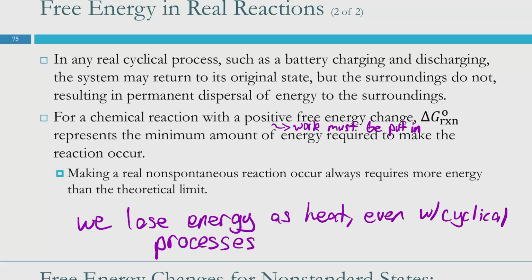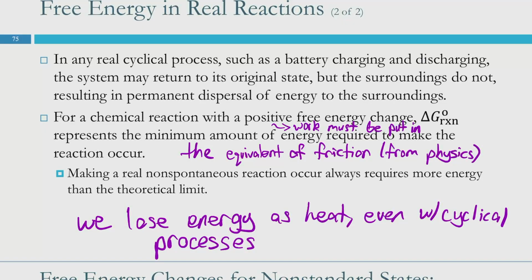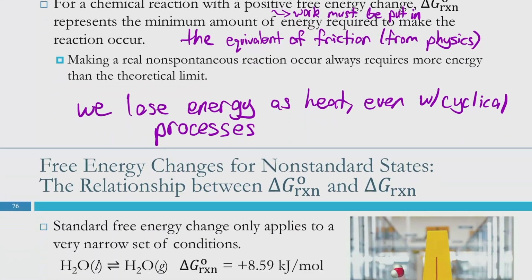There's always going to be a little bit of extra that you need to put in to get the process to happen because of that heat loss. The equivalent of friction, if you've taken physics. That's what my brain is thinking of, at least. So it will require more energy to be put in because you're going to lose some of it.